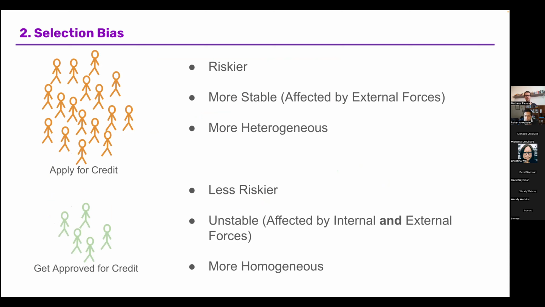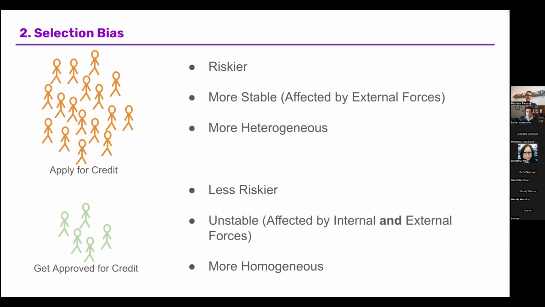Here are some of the differences between these two populations. The model wants to make predictions on people that apply for credit, and these people are usually riskier than the ones that got approved for credit. The population that applies for credit is riskier, but also more stable, I'm going to get to that in a moment, and also more heterogeneous.